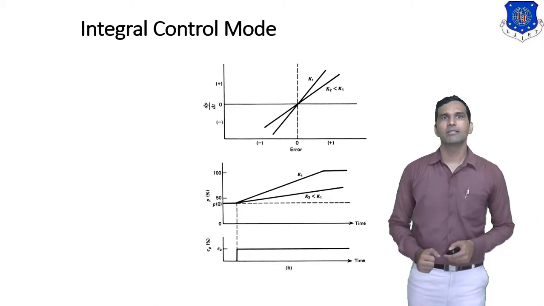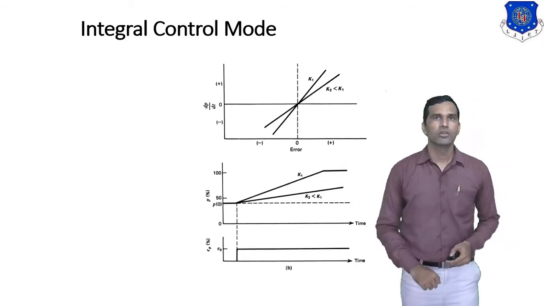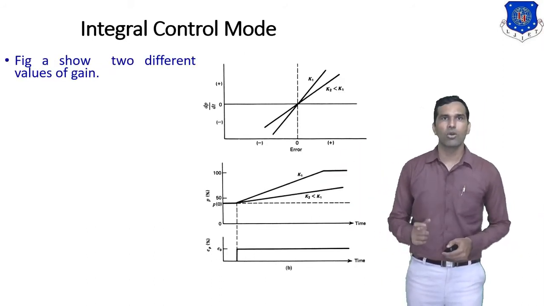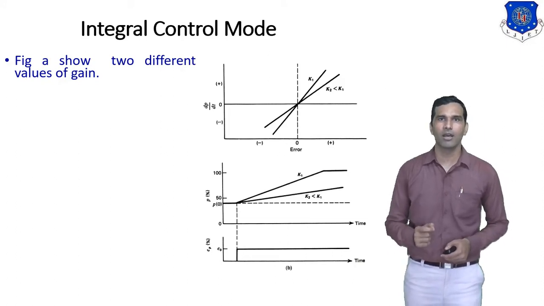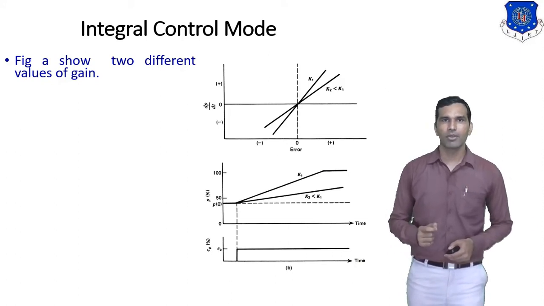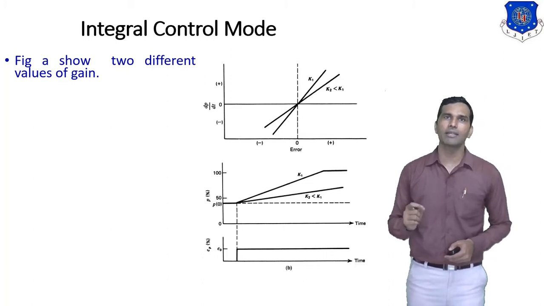Now we understand integral control action with the help of this figure. The figure shows two different values of gain. Here you can see in figure A, the graph indicates the two gains K1 and K2.